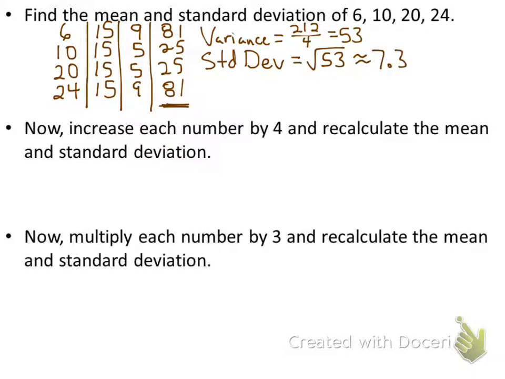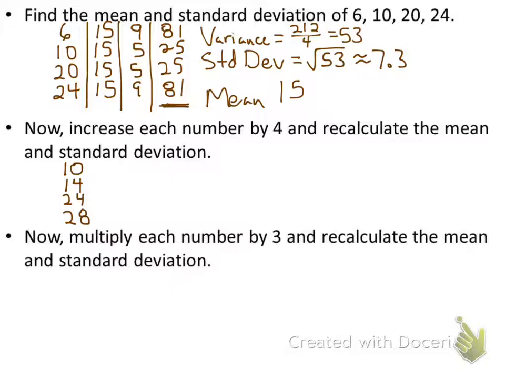And let's write the mean there as well, which was, oops, not 10, 15. Okay, so we did that. Now, let's follow some changes we're going to do. Now we want to increase each number by 4 and recalculate the mean and standard deviation. Okay, so instead of 6, we have 10, then 14, 24, 28.